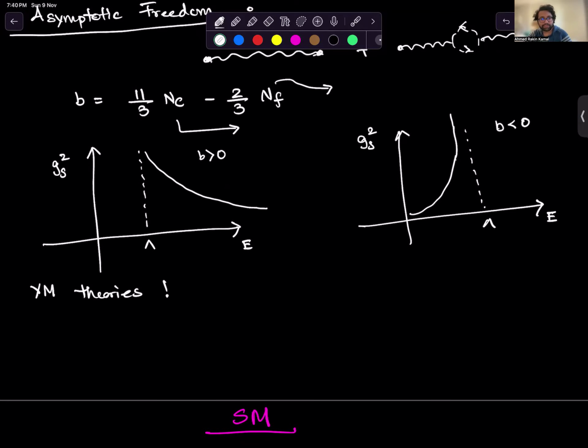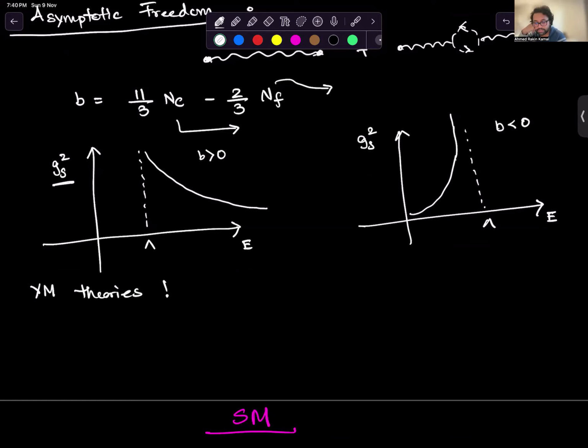And this has a very interesting property, because what it says is that as you increase your energy, this g_s, or G strong, is the strength of coupling of quarks or anything in the QCD channel.